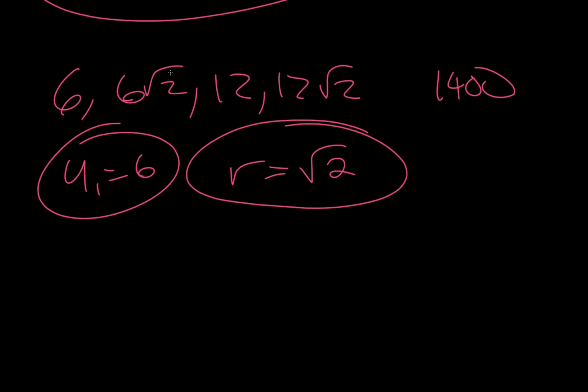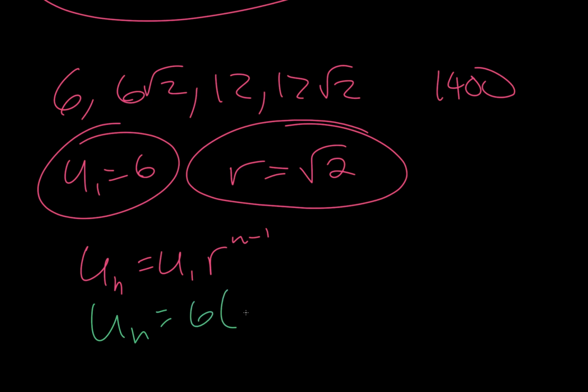If we multiply this by root 2, that will turn this into a 2, because root 2 times root 2 is just 2. 2 times 6 is 12. So once we recognize that, it's not too bad. Then we use our nth term formula again. Plug it in.